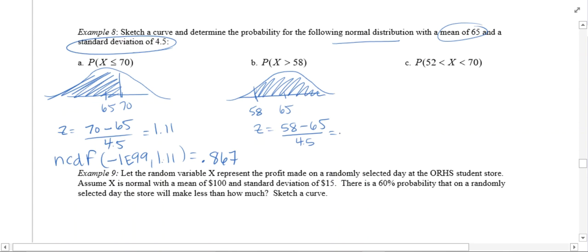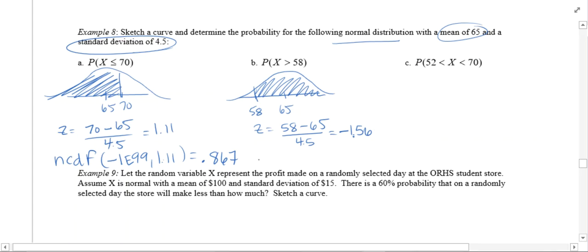So go ahead and find that z-score. Okay, so you should get negative 1.55 repeating, so 1.56. Remember, with your z-scores, you have to use at least 2 decimal places. It's perfectly fine if you want to use 3, but you need at least 2.